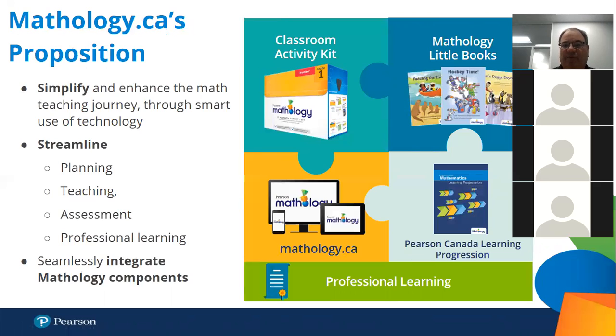It's currently available for grade 1 and grade 2, and for grade 1 in French, and I believe grade 2 in French soon. The Mathology Little Books are little math readers that cover K to 3 and are available as separate printed books. You can order them separately, and they also come with Mathology.ca, as do the contents of the classroom activity kit.